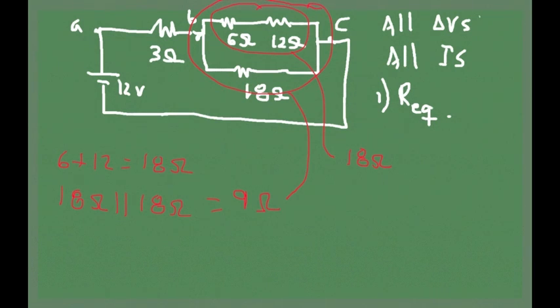Now those 3, once you replace them with 9 ohms, those 9 ohms are now in series with the 3 ohm resistor, right? So now the whole thing is going to have a total resistance of 3 ohms plus 9 ohms. That is 12 ohms. And that is the resistance of the whole set of resistors.